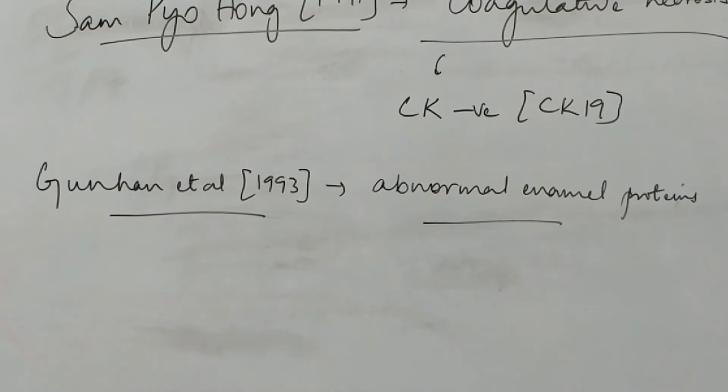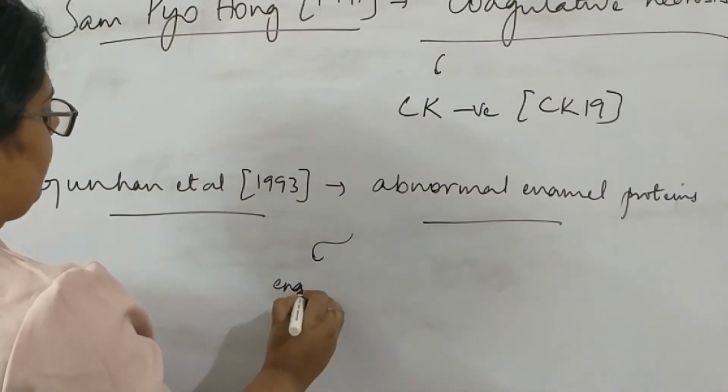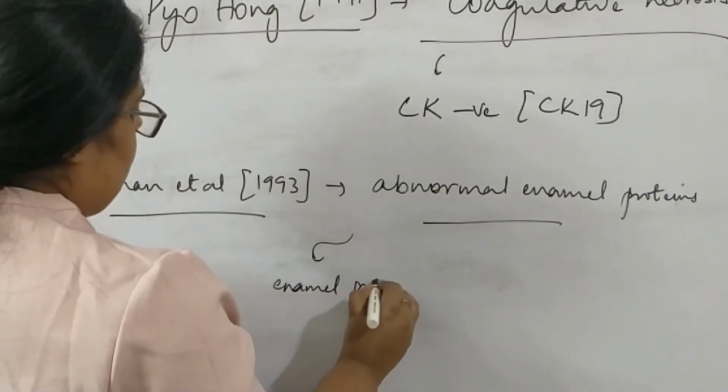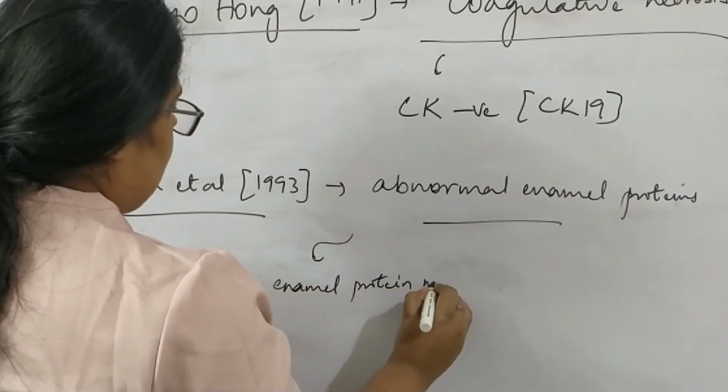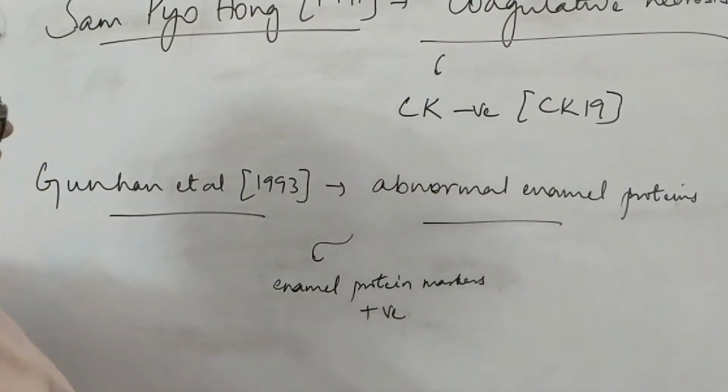Now, this theory was proposed based on the staining characteristics of these ghost cells. What they found was, they stained these ghost cells with some enamel protein markers which came out to be positive. So that is why they thought that this may be as a result of some abnormal protein.